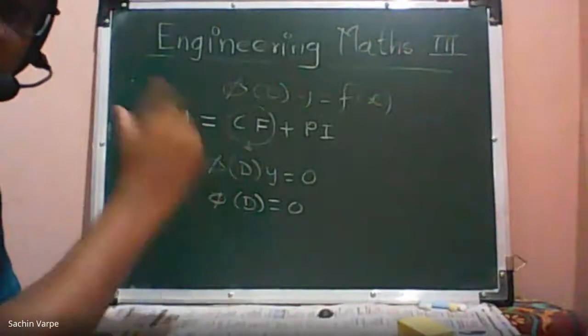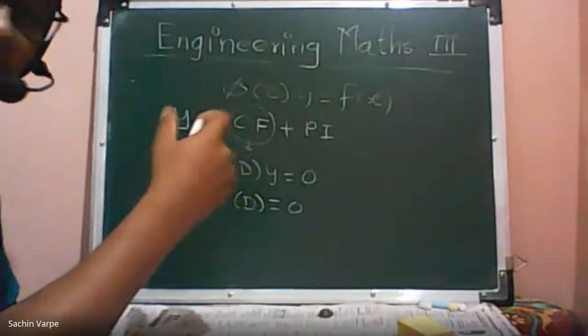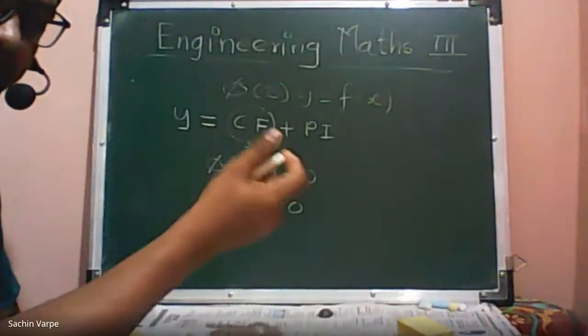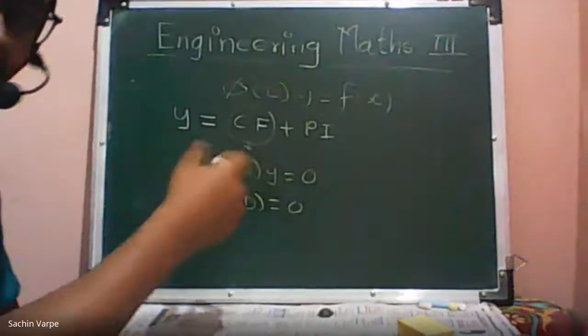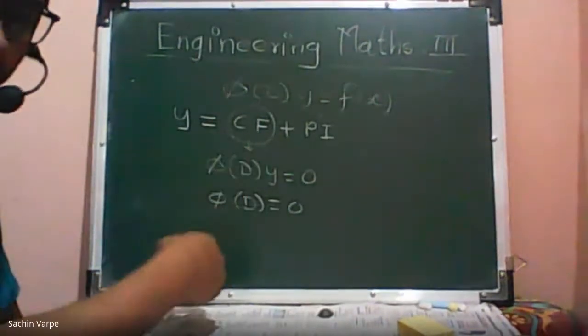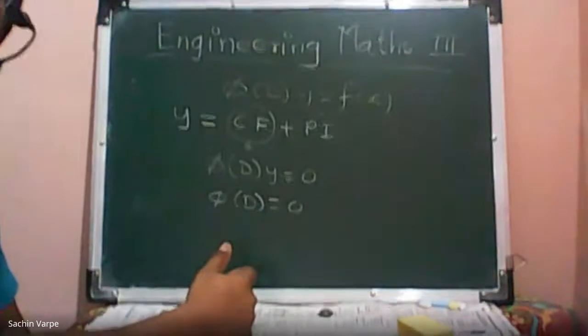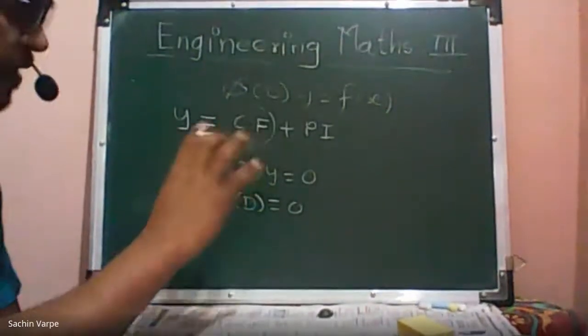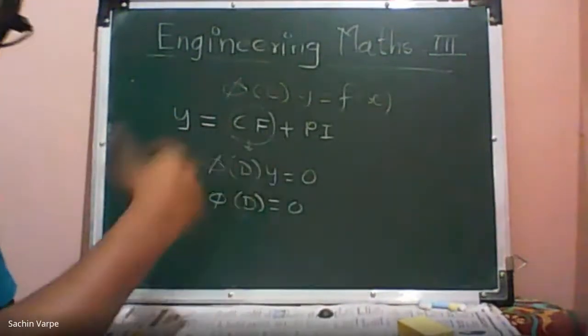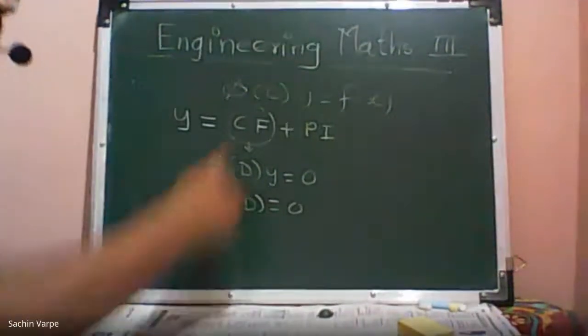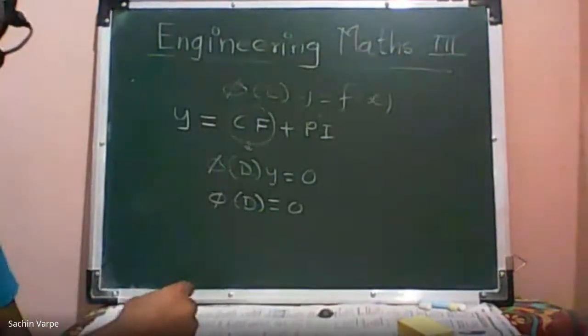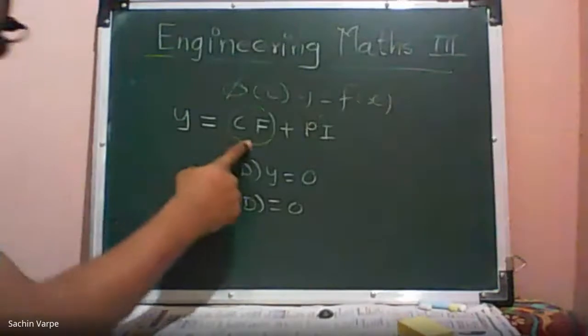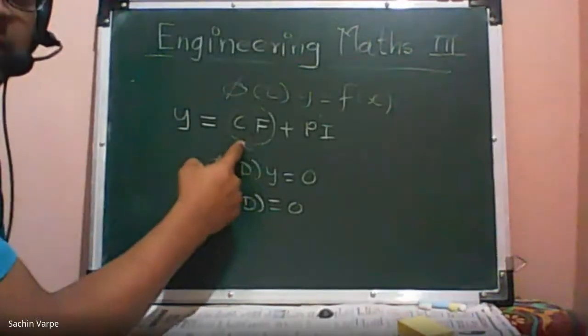Accordingly, real repeated and real distinct, we have the formulas. Complex repeated and complex distinct, we have the formulas. So such four natures of the roots and accordingly four formulas of complementary function we have discussed, for 1 or 2 marks in the theory examination.